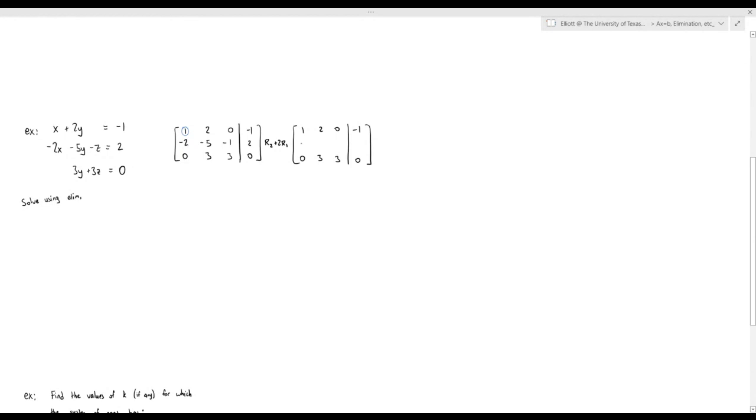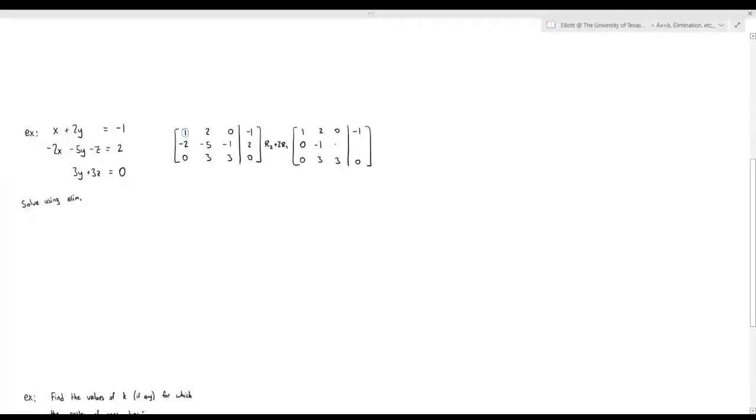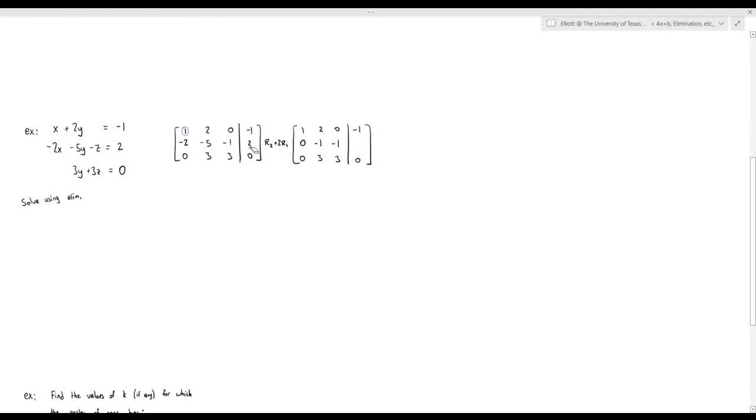So we're doing row 2 plus 2 row 1. So here we got -5 plus 4 is -1. -1 plus 0 is -1, and 2 minus 2 gives me 0.